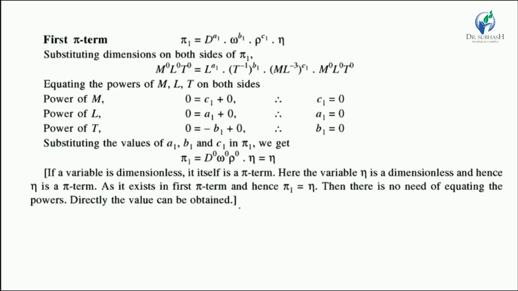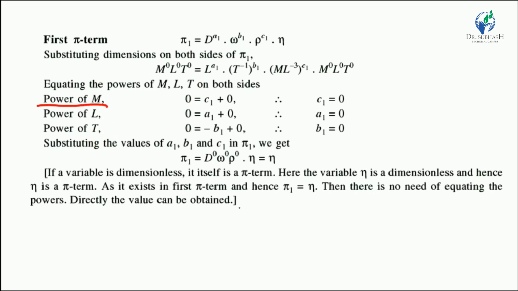Now find the value of the arbitrary powers by comparing the powers on the left and right side of MLTs. First compare the value of M, right side and left side. The pi term is a dimensionless number, so it does not have MLTs. So all powers of M, L and T on the left side are 0.